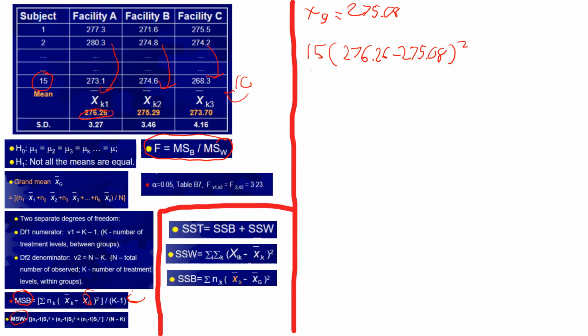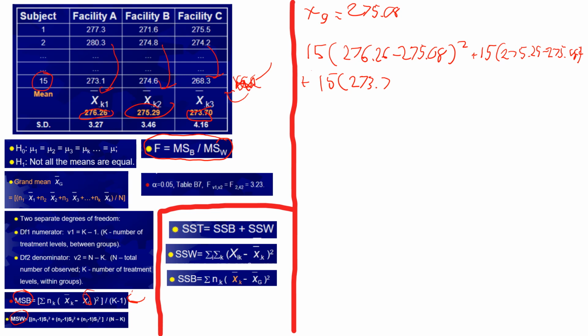And then we'll add 15 times our next xk, 275.29 minus 275.08 squared, plus again our final one, 15, number of samples again, 273.7, and we're not using this 10 anymore, by the way, if that wasn't clear.